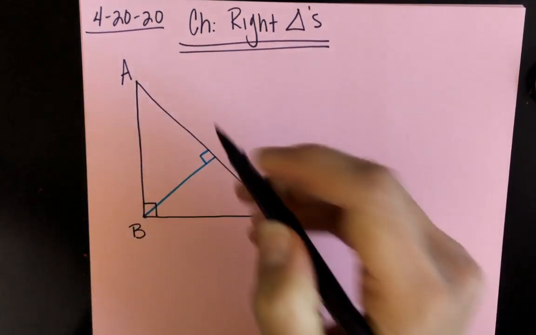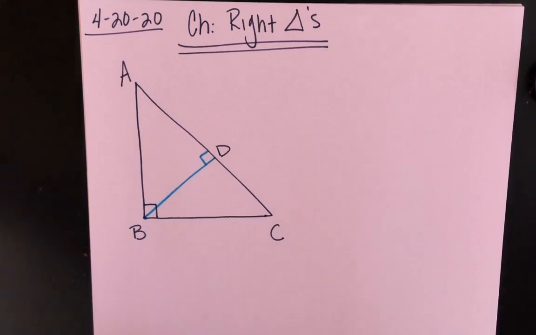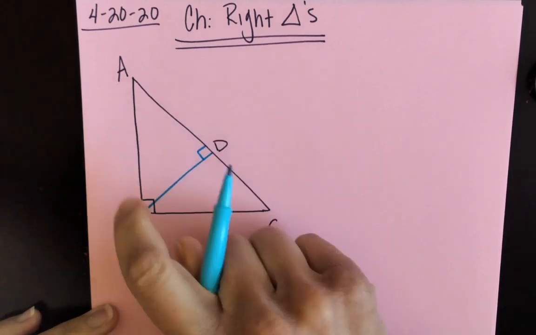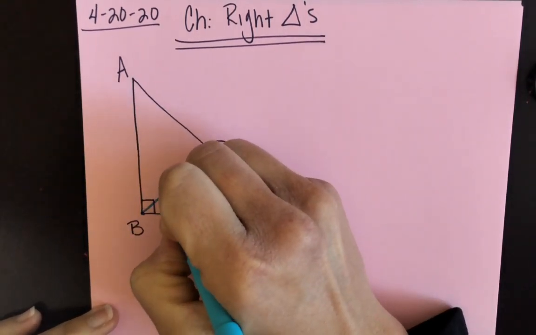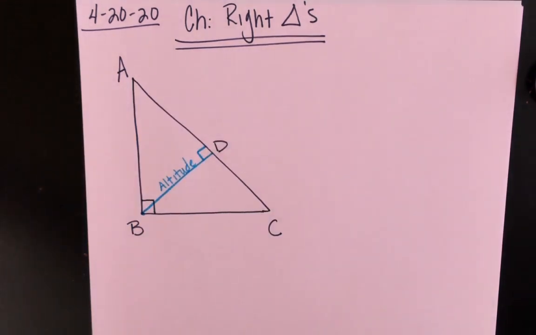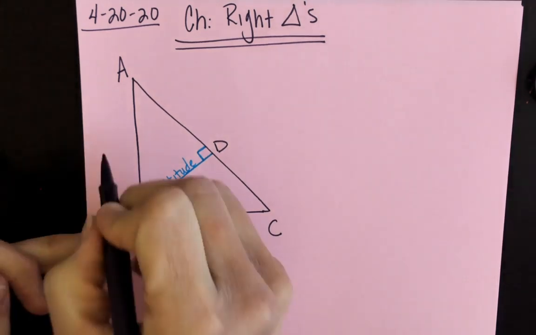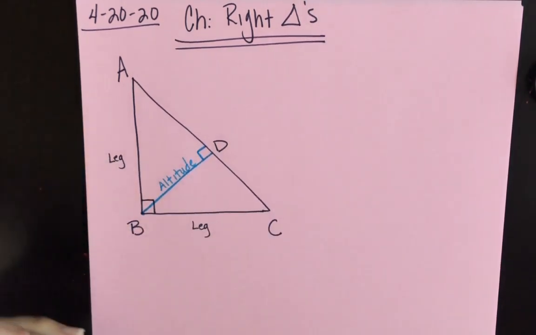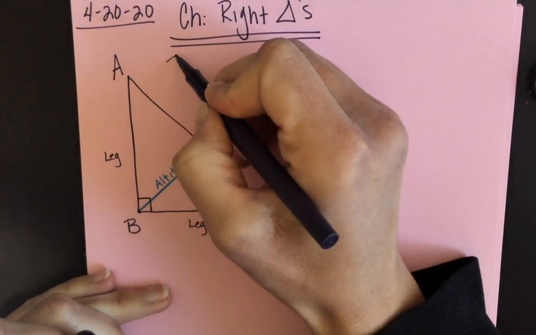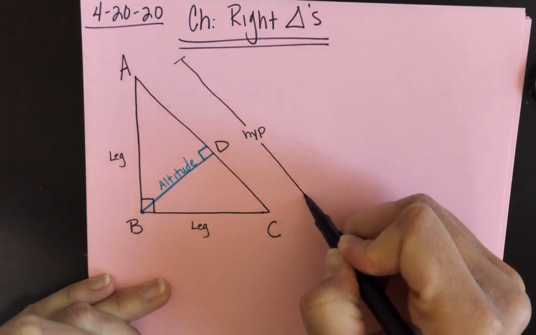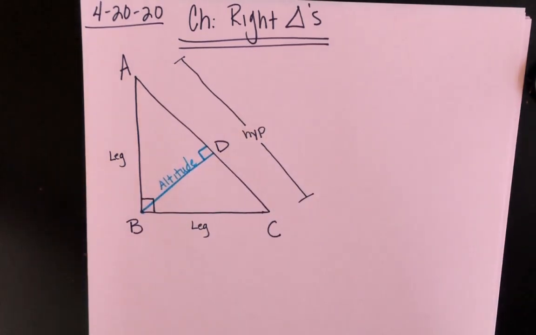So in this case, we are going to make that point D down there. So we do have this altitude here that went from the vertex of our triangle to the opposite side. We did call each of these guys legs, and we did identify this entire side as our hypotenuse. Again, we talked about it being opposite the right angle. So none of this is anything new.